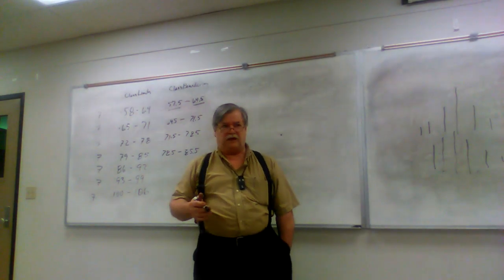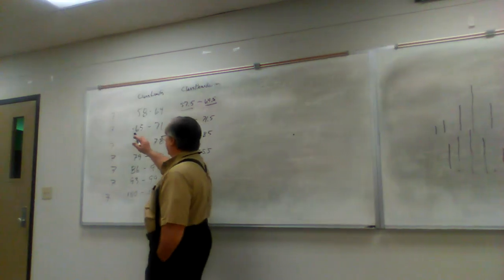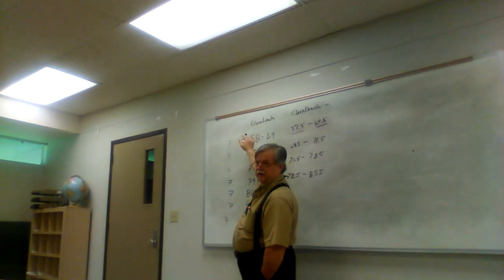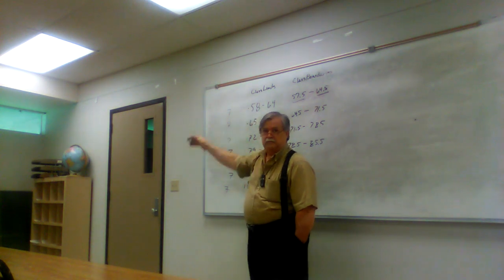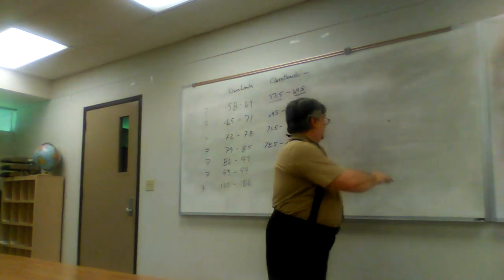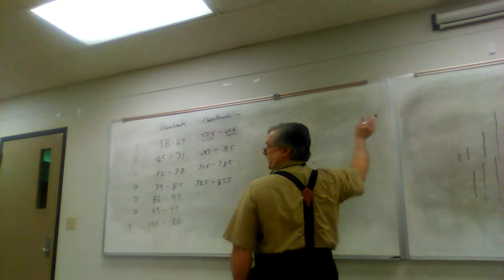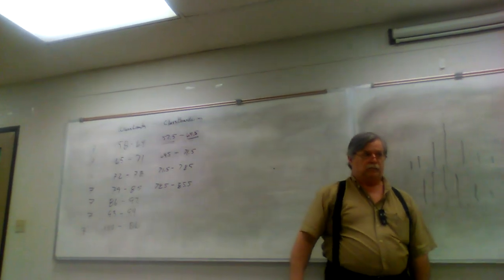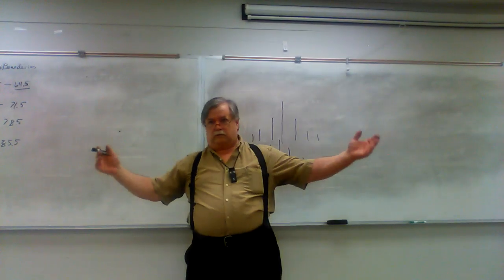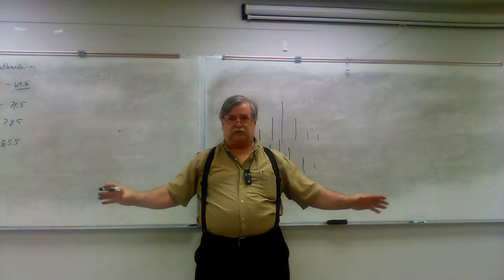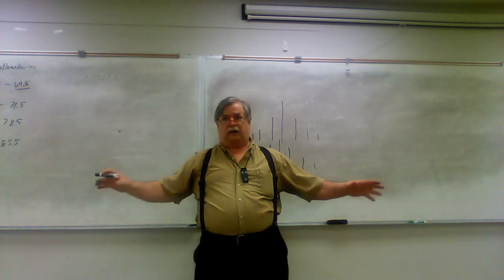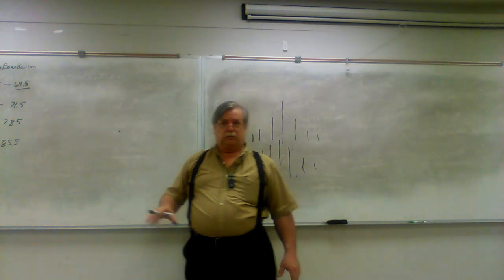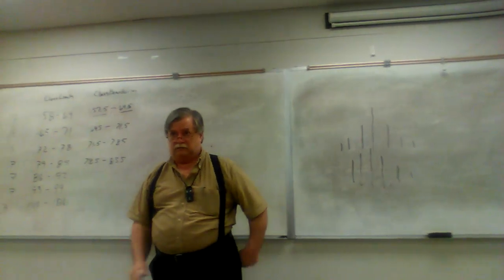When you have open-ended data, when that first class doesn't end at 58, if it goes all the way to minus infinity, or the other side goes all the way to plus infinity, well, then your end classes, one or both of them, can be asymmetrical, can be unequal, can be a catch-all.